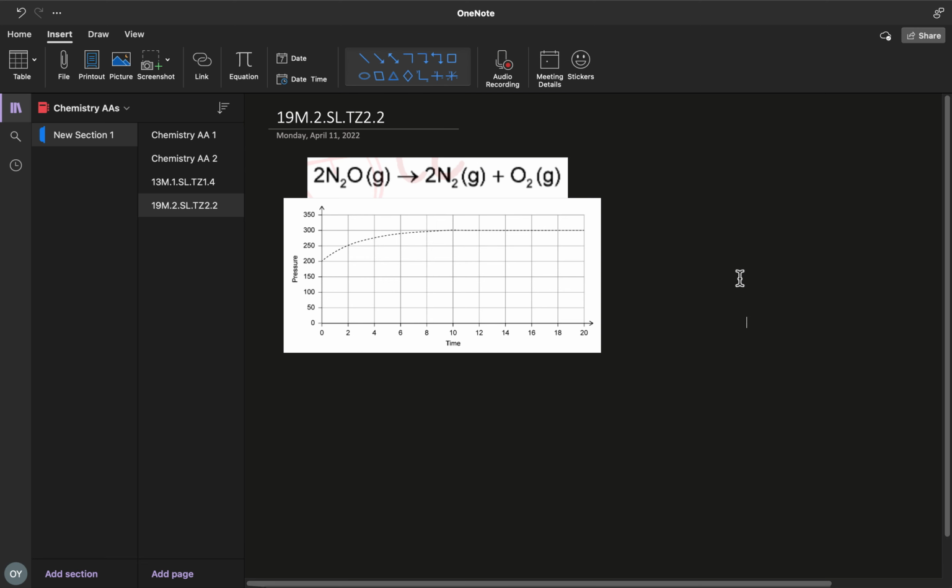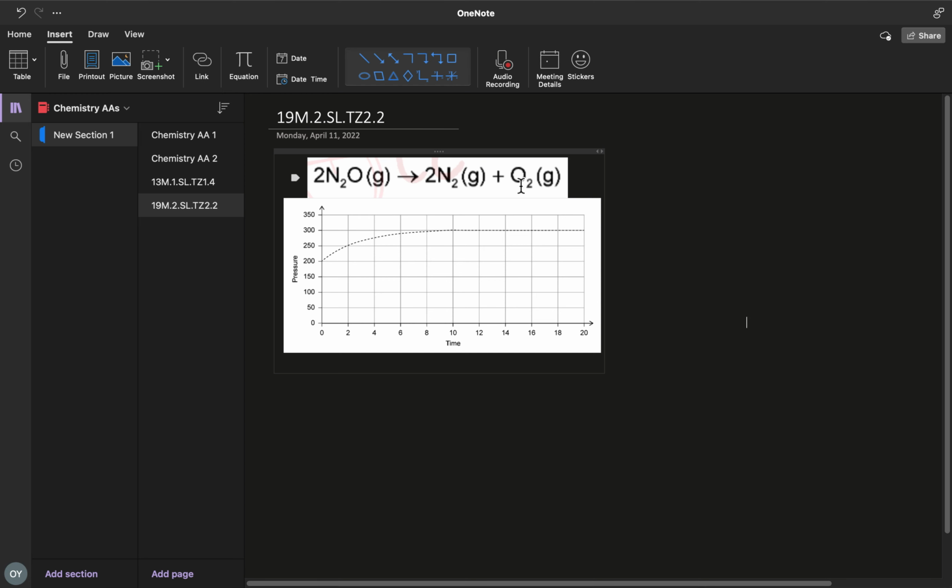Now, the question states, the thermal decomposition of dinitrogen monoxide occurs according to the equation 2N2O gas turns into 2N2 gas plus O2 gas, which is basically nitrogen gas and oxygen gas.